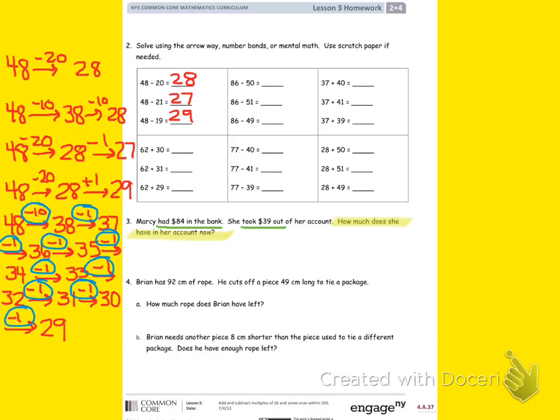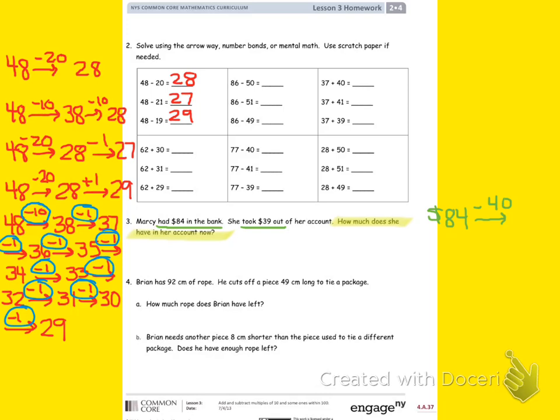Okay, I will write down $84. I know that 39 is close to 40. And if she's taking that money out of her account, I'm going to subtract. So I'll go ahead and subtract 40.